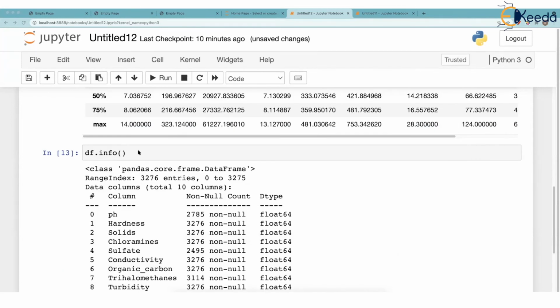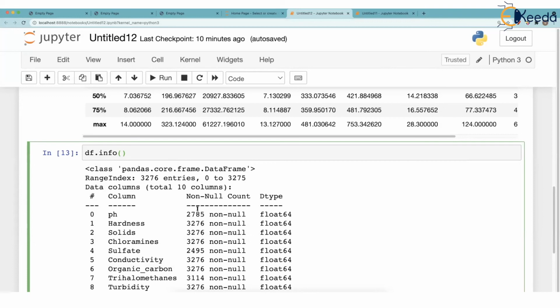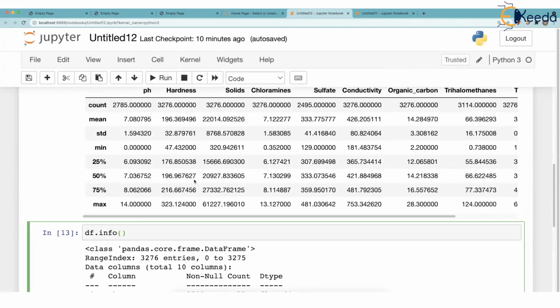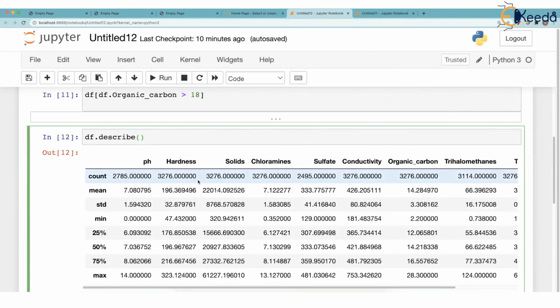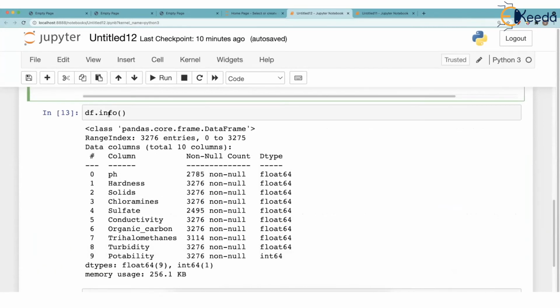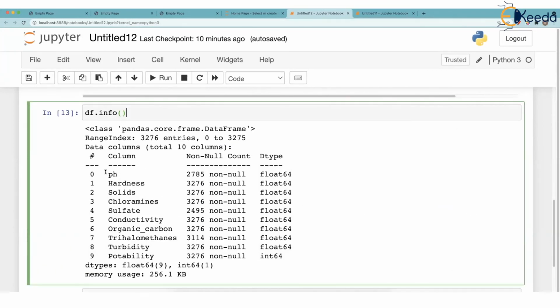So where was I? Info. I think you saw this, df.info. You saw this describe? I hope so. So df.info, you see, is saying that pH is one of the columns, and only these many values are non-null.